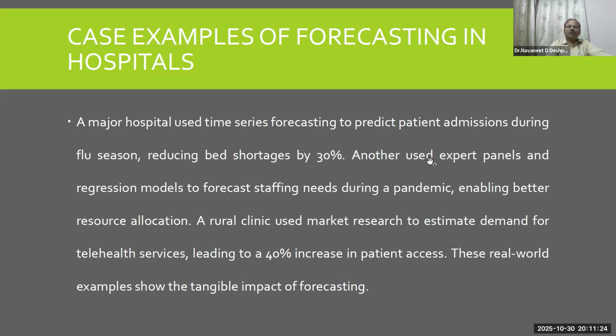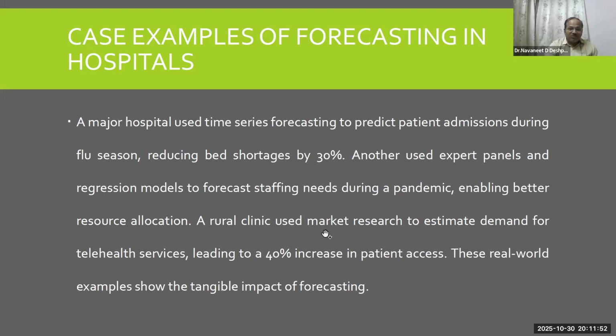Another one used expert panels and regression models to forecast staffing needs during a pandemic. Instead of increasing beds, they are increasing the staffing. So these are strategic decisions: either you increase the staff, or increase the beds, or increase both. It helps to have proper resource allocation, because you should have salary to give all the people. You cannot simply increase the staff without increasing their salary or the budgeting.